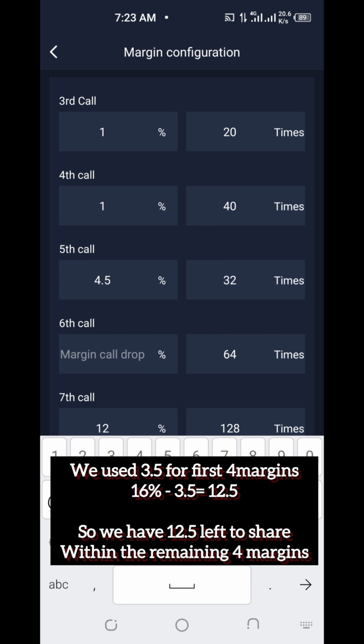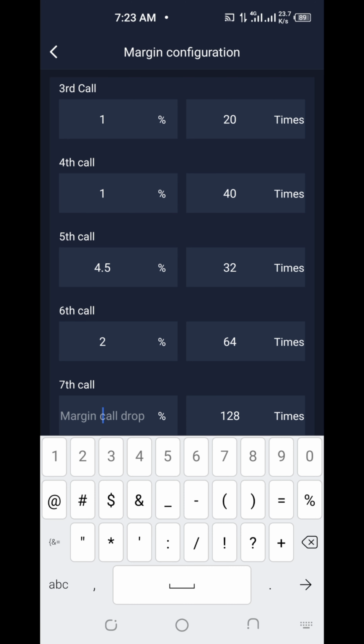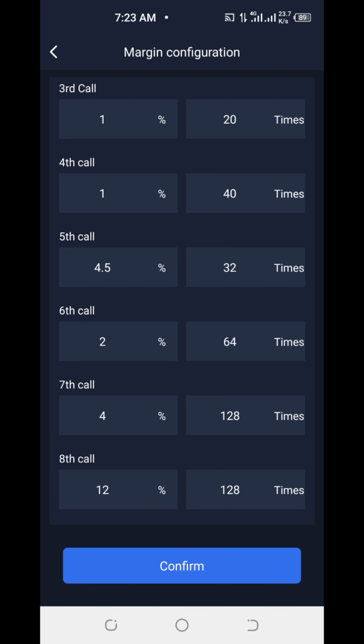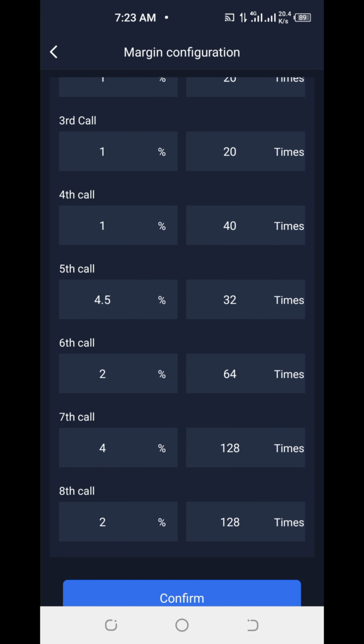We can give this one a 2% drop, give this one a 4% drop, then give this one a 2% drop, then put your remaining money within this space. But it's always good for you to have enough time to calculate. Once it buys this 5th call, you can now go ahead and start calculating what you have left for your 6th call to your 8th call.